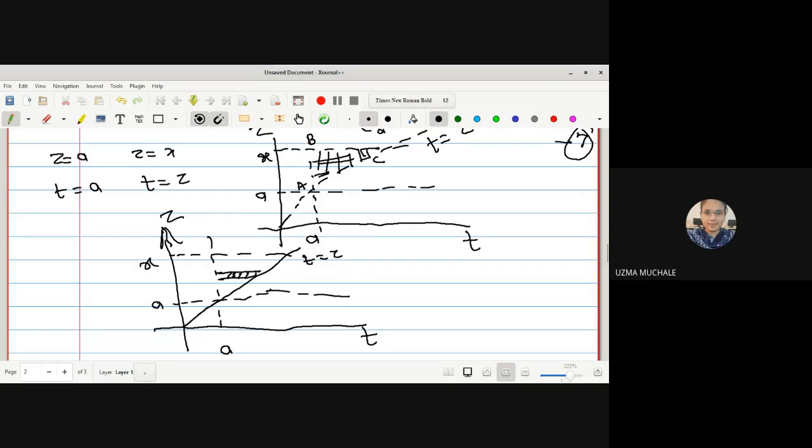We have taken it parallel to T. This is say PQ strip. Okay. Now we want to change the order of integration. Then we will change the strip to parallel to Z axis. Initially we have taken the strip parallel to T axis. Now if I want to change the order, I will take the strip parallel to Z axis.